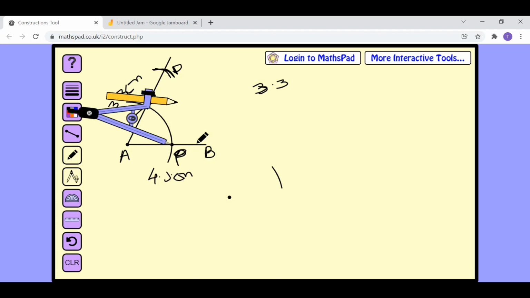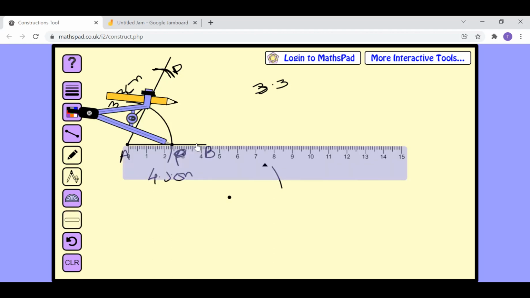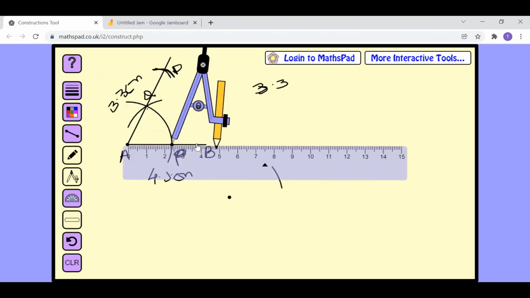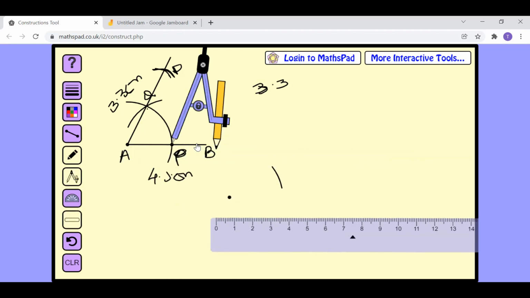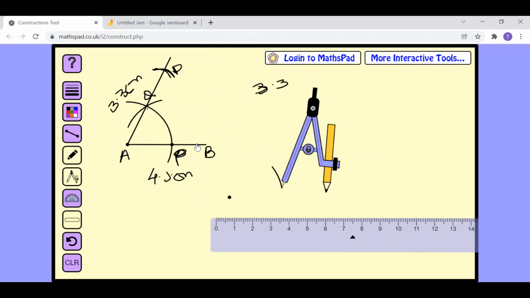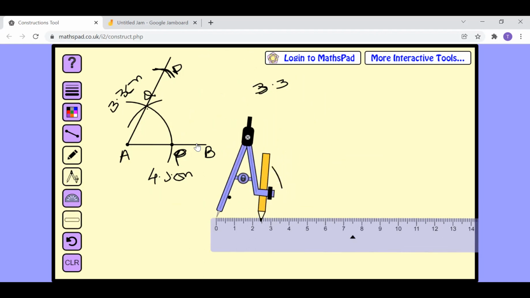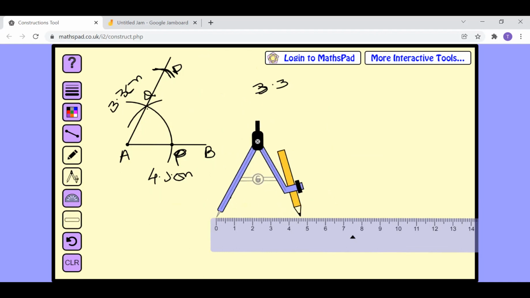Now you are going to again take a scale. Bring your compass over the scale. Put it at 0 and open your compass. Now you have to open it to 3.5 centimeter. Why 3.5 centimeter? Because we are now going to construct BC.